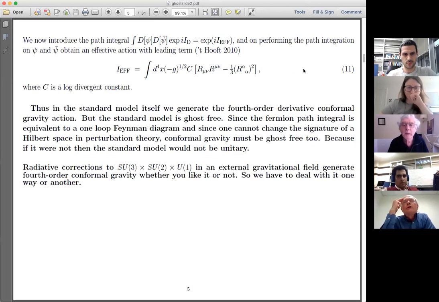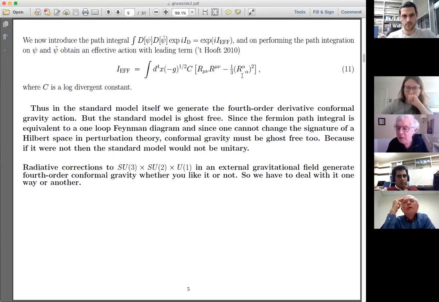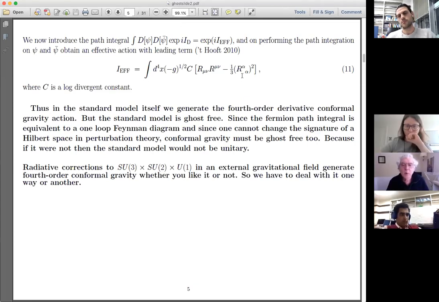You're doing it in the presence of a background metric. Absolutely, yes. Surely you have to get the conformal anomaly term, which is going to be something like C log box C. How can you avoid that? Okay, I've announced that I got this term. Now, I didn't say that I don't get anything else. I just said that I do get this term. Now, you're asking a different question.